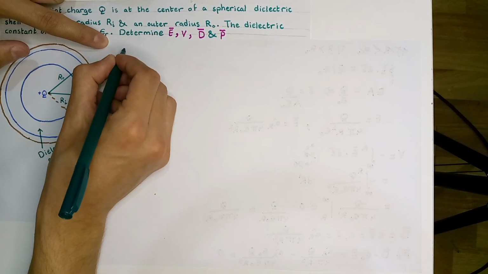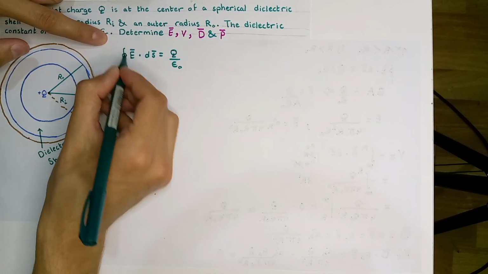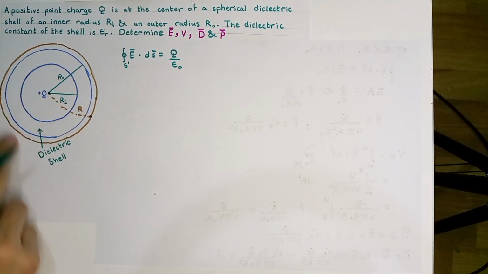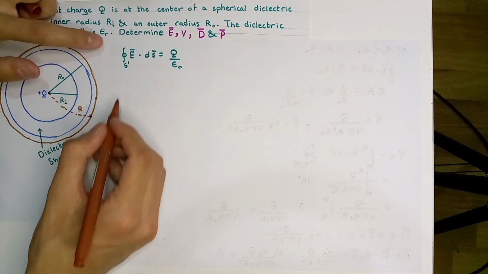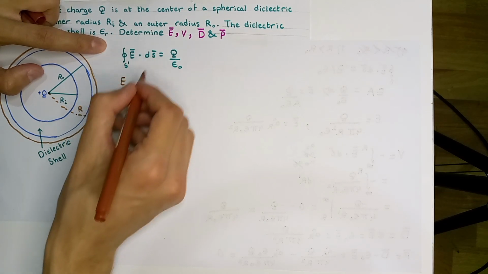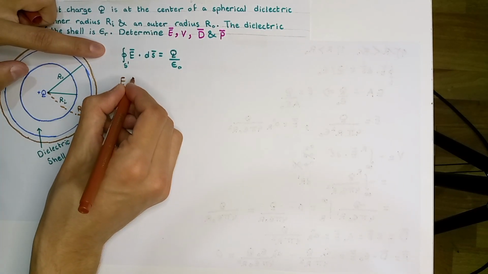Gauss's law is the closed surface integral of E dot ds, where ds is the differential area of this spherical Gaussian surface, and the result of this integration is equal to E times the area of this spherical shell, which is, let's say, A.